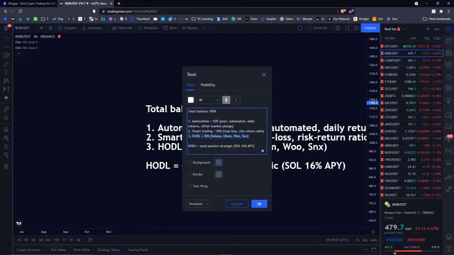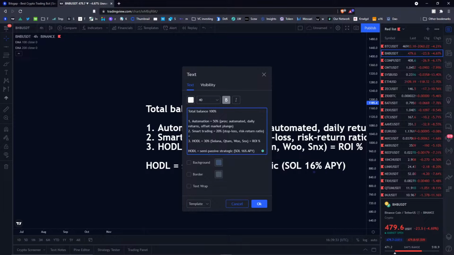And of course, in HODL, if you've been holding, for example, Solana or other coins like Ethereum, well, if you've been holding them for the last like 7 months, no, actually more, I would say, yeah, then you are now in a big return. So for example, this ROI, positive ROI, it can offset the negative ROI you might have in smart trading.